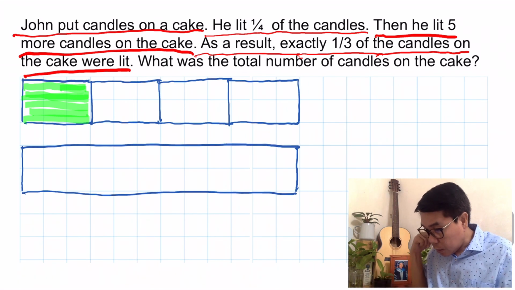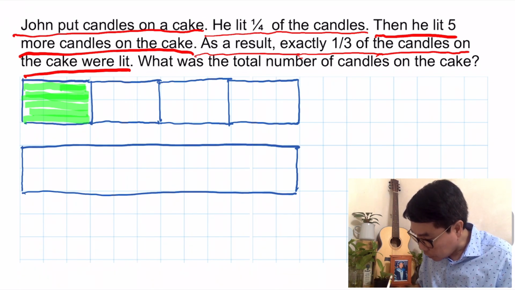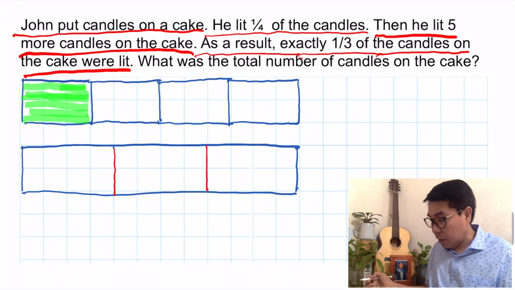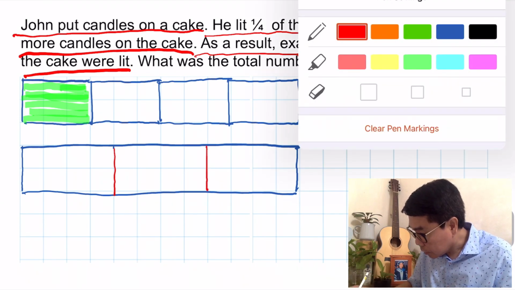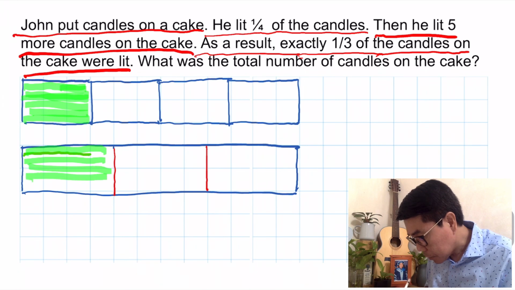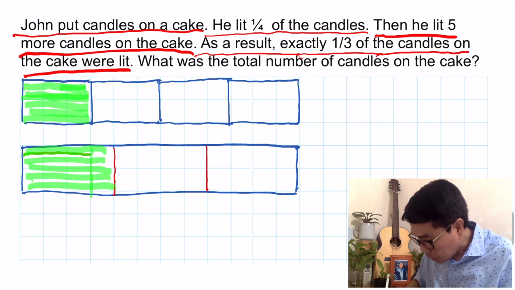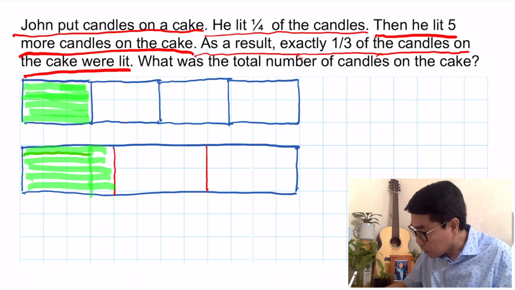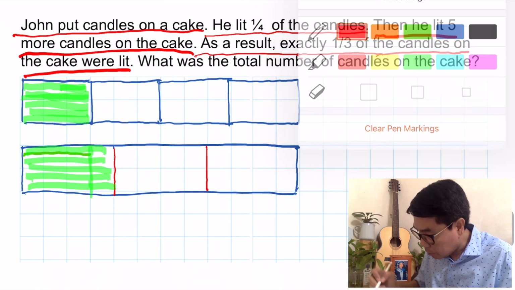and let's show 3 parts. Cut it into 3 parts. So I will have, okay, I'll use another color. So 1, 2, 3. Okay, then earlier, okay, this one earlier, okay, 1/4, and then this time after he lit 5 more.